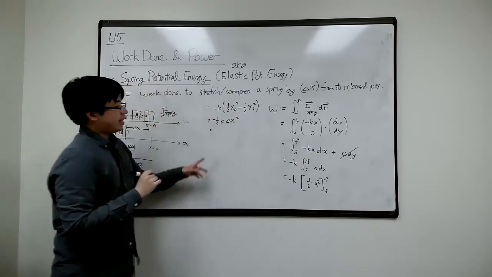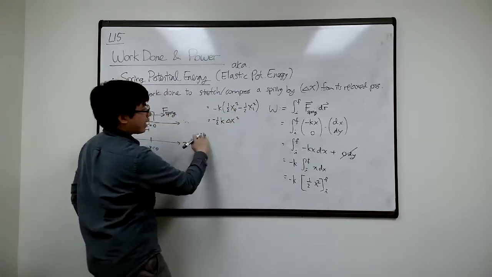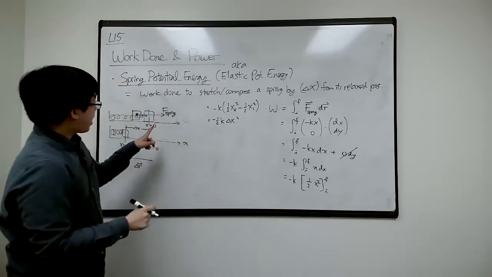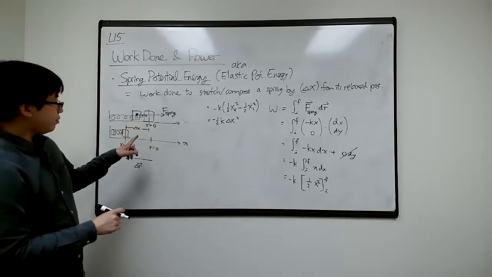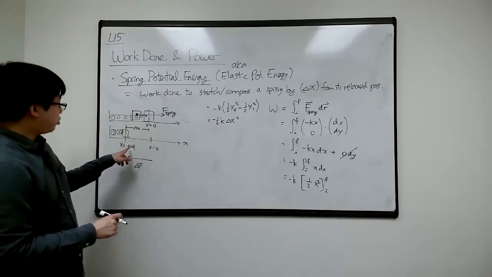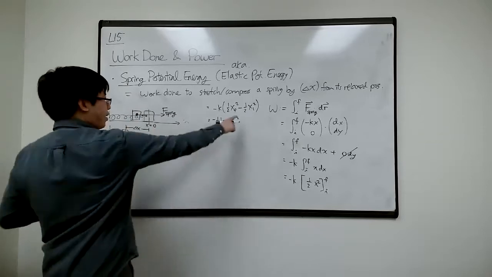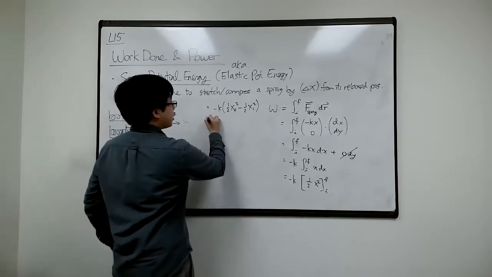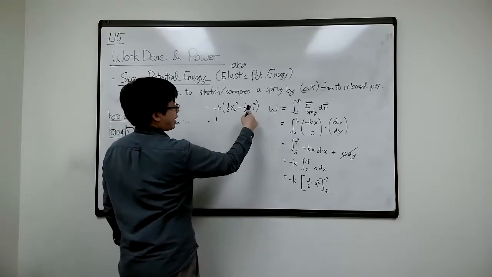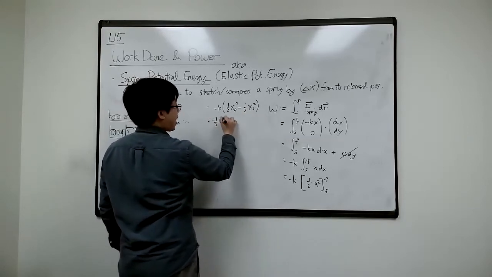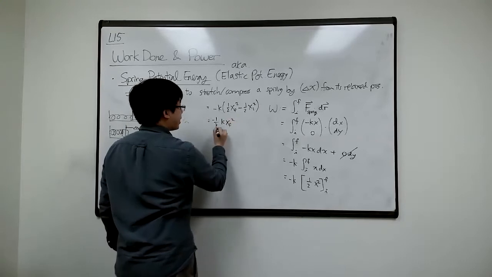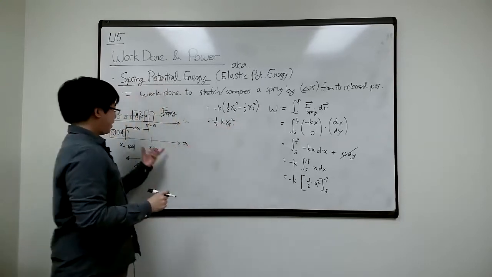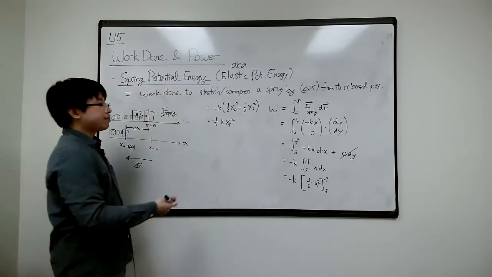You see there is a minus sign. Where was my initial? Initial is 0, so I can plug that in to make it a little nicer. So I have minus 1/2 k x final squared, and that's the compression. That's how much it has compressed.